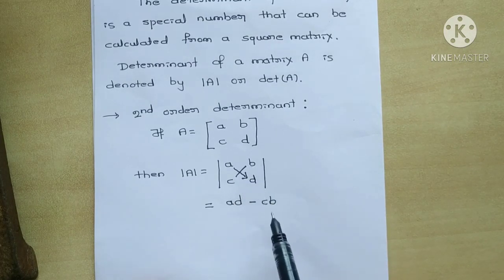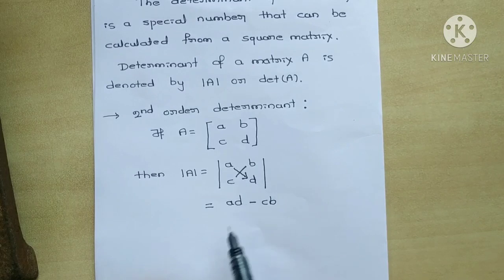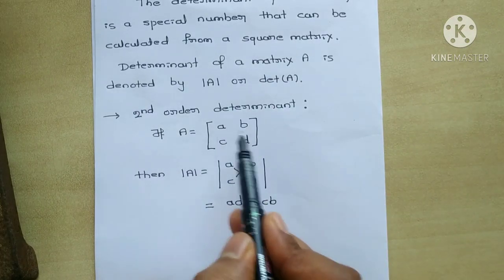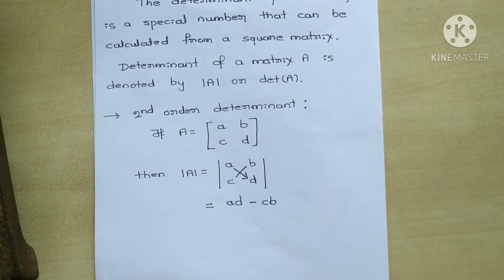Next, C into B is CB. Later, if you do the subtraction, you will get one value, that is the value of the second order determinant.